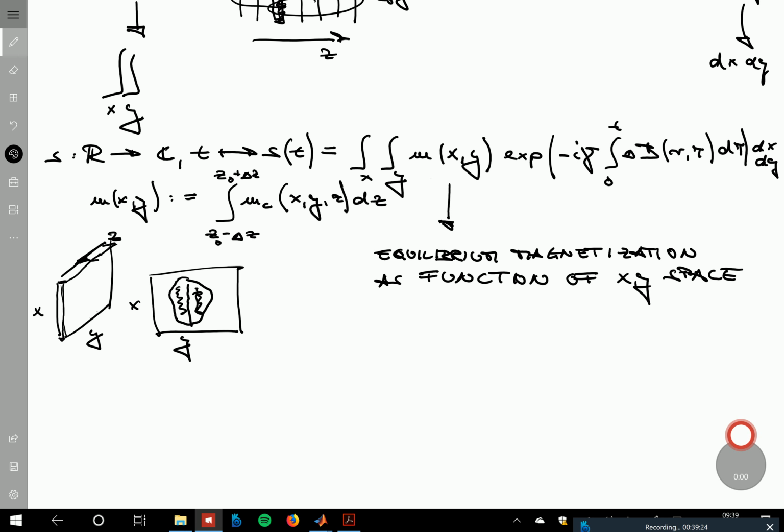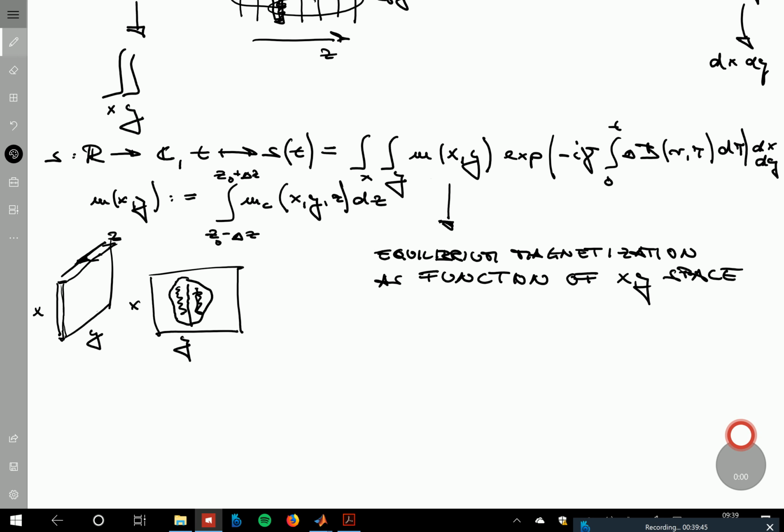And now you see the dependence not in terms of r, but in terms of x and y, meaning that the magnetization, the proton density, is a function of space. Remember, the magnetization depends on how many protons there are. If there are more protons, the magnetization is higher because there's more to be magnetized by the static magnetic field.